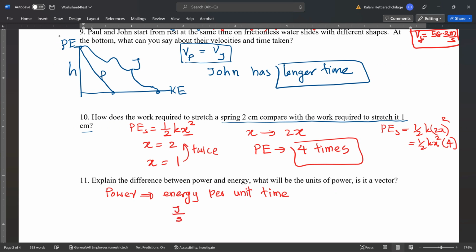So joule per second is the unit of power, right? This is what we call watts. Watts or joule per second is the unit. Power is a scalar. Okay, scalar.